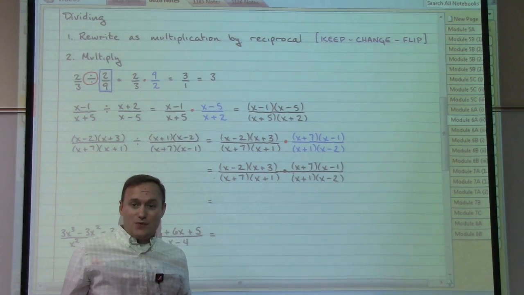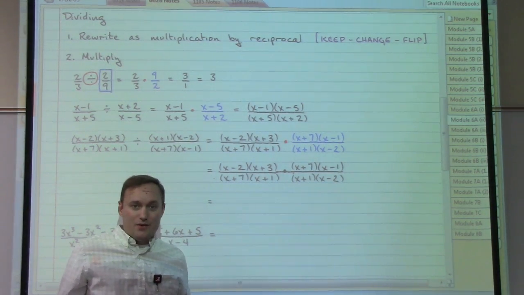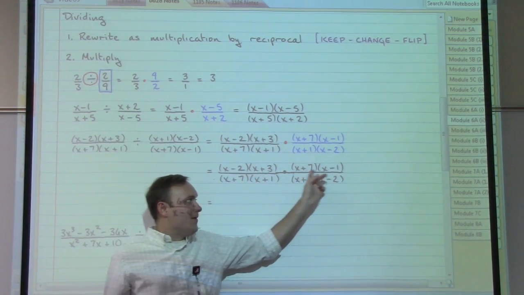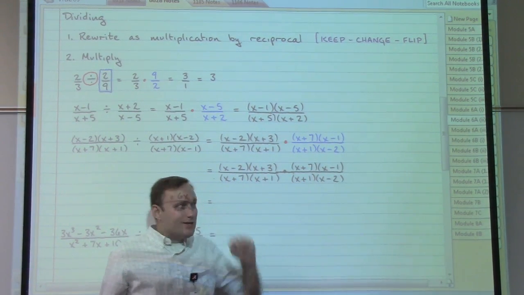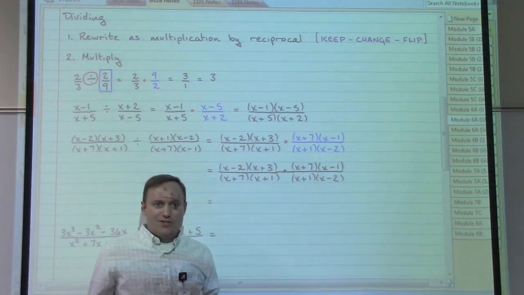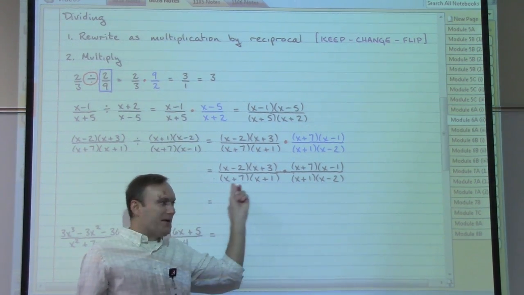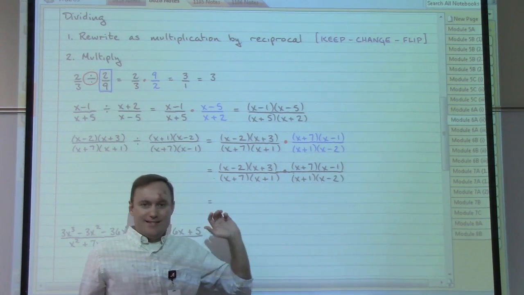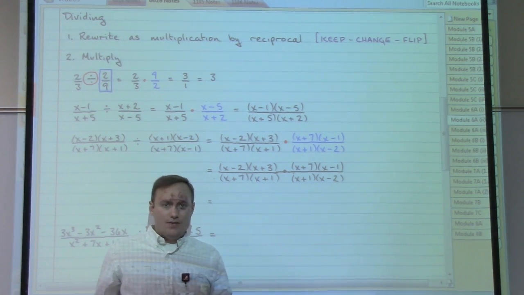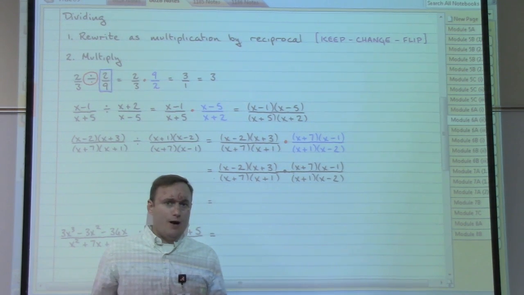In this particular case, we actually don't need to put in any other parentheses since our numerator is good to go and the other numerator is good to go. We can look at this, despite the gap, as being just all stuff that's multiplied together. Likewise, for the denominator, we can look at that as, again, stuff that's already all being multiplied together, which means we've accomplished that part of our multiplication process.